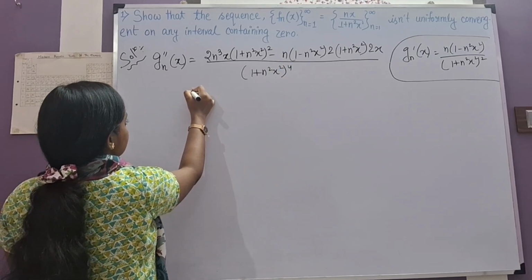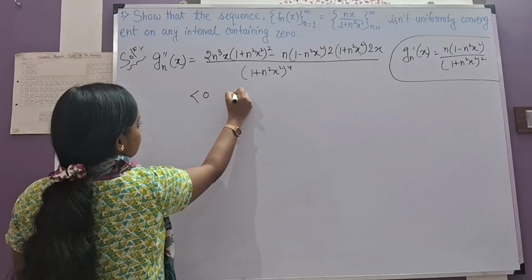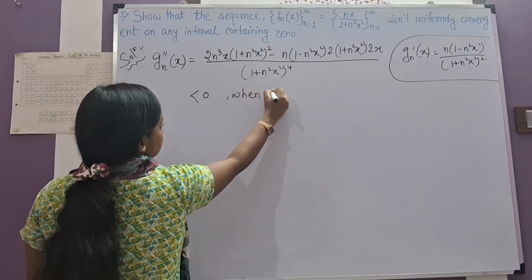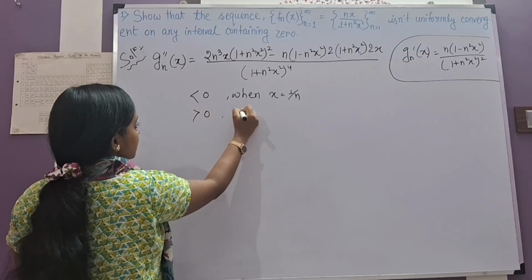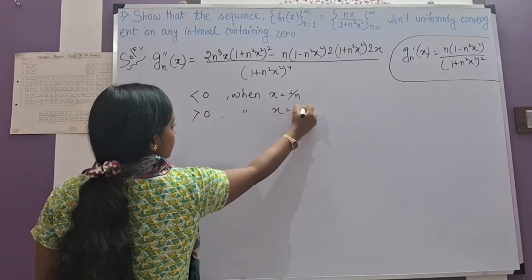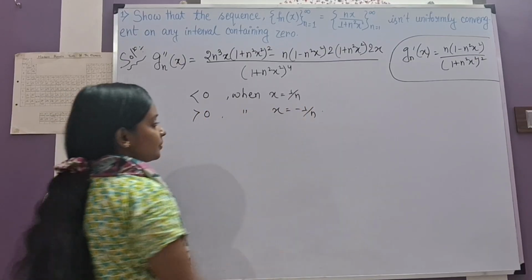Now this will be less than 0 when x equal to 1 by n and greater than 0 when x equal to minus 1 by n.